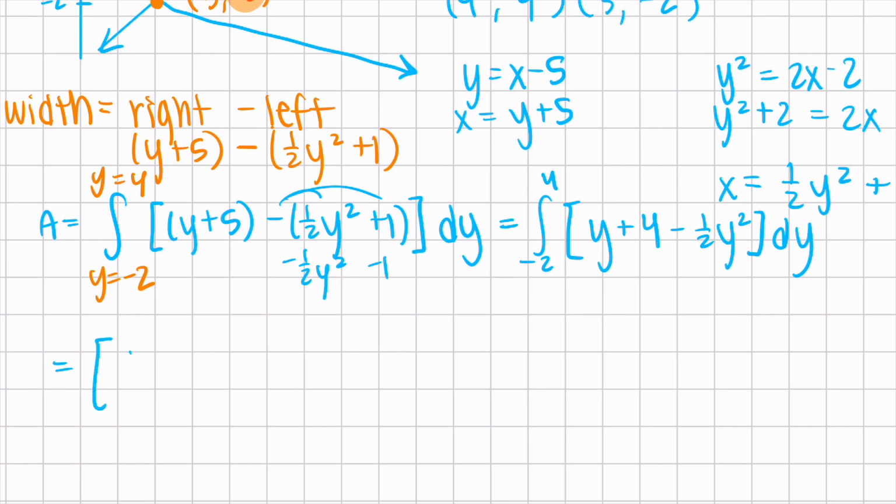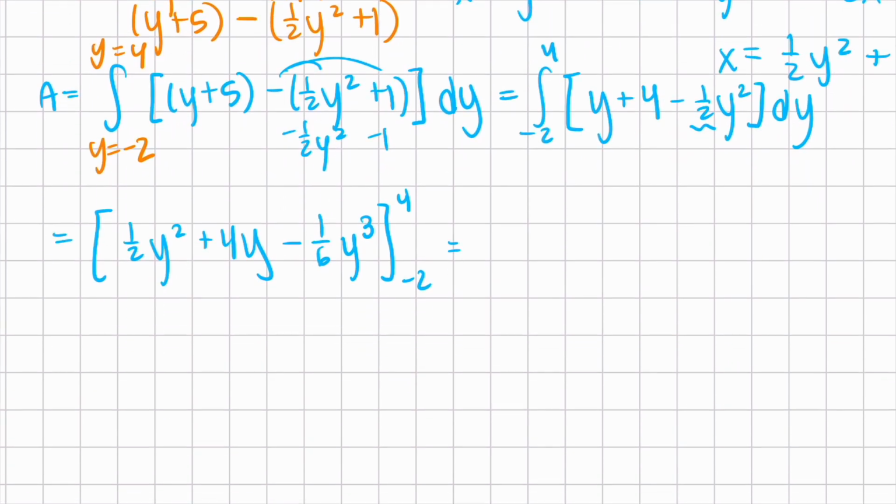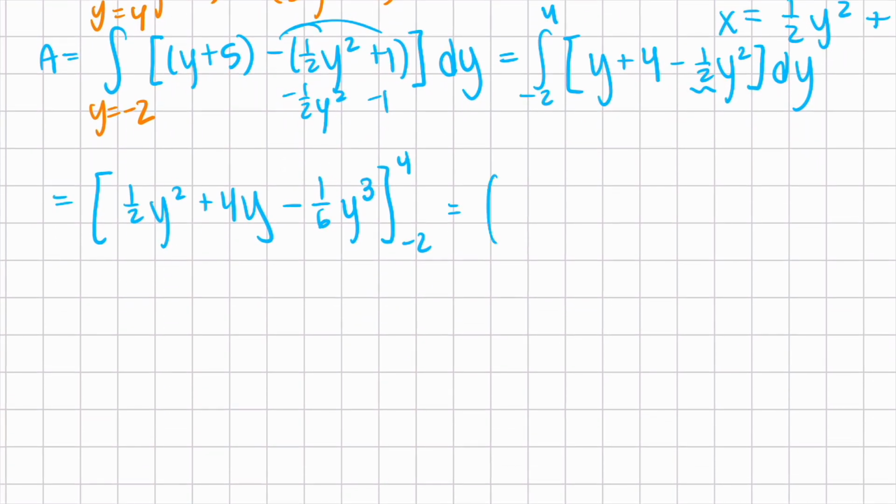And let's do our integral. I'm going to have 1/2 y squared plus 4y minus, this is going to be y cubed, 1/3 times 1/2 is 1/6. And let's plug in. I have 1/2 times 4 squared, which is 16, plus 4 times 4 is 16, minus 1/6 times 4 cubed, which is 64.